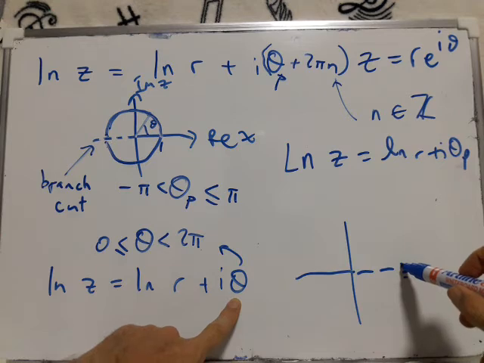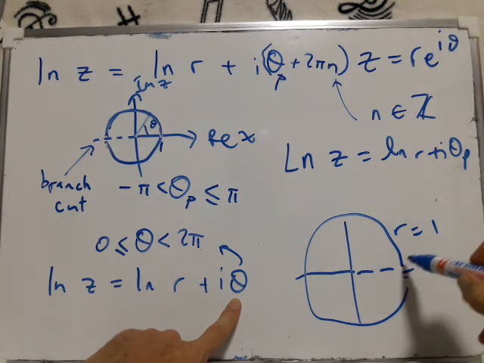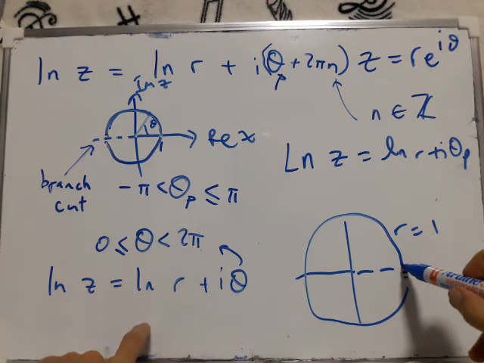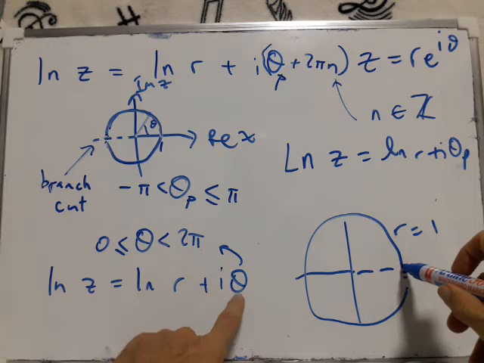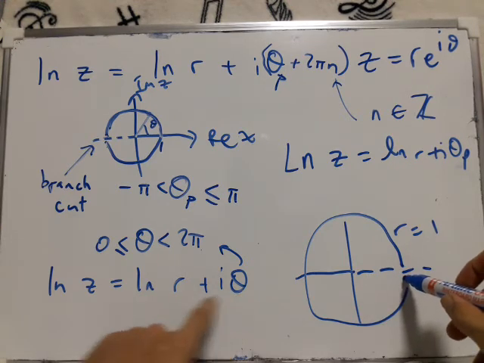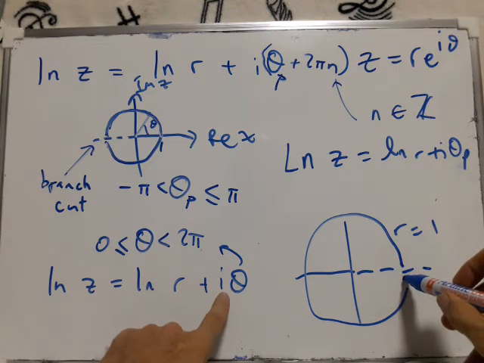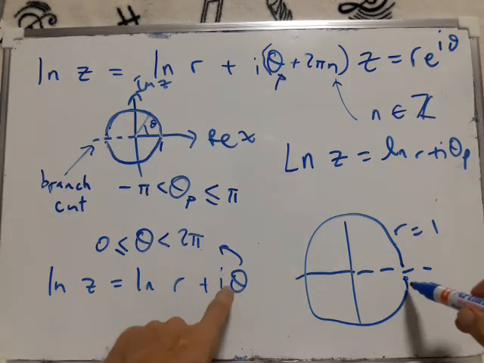So at this point here, if I choose a circle r equals 1 again, log of a point here on the circle would be i times a very small number. But if I just cross this dotted line here, then log of z at this point would be i times nearly 2 pi. So I've gone all the way around and I've almost reached 2 pi.